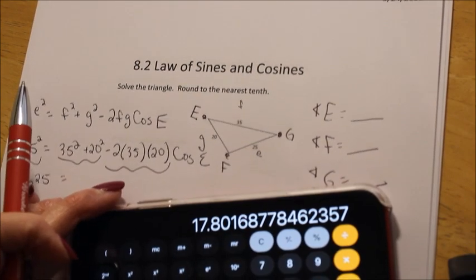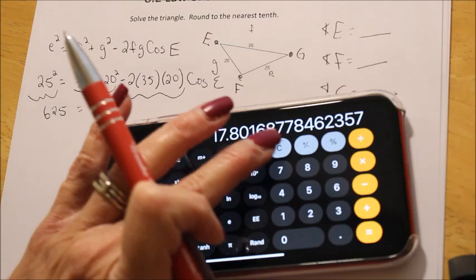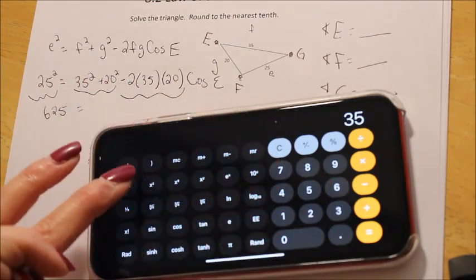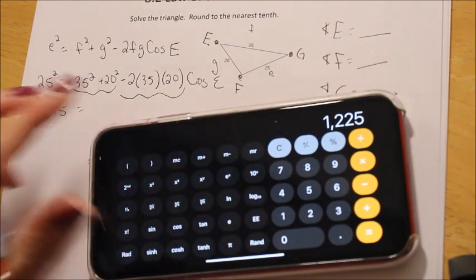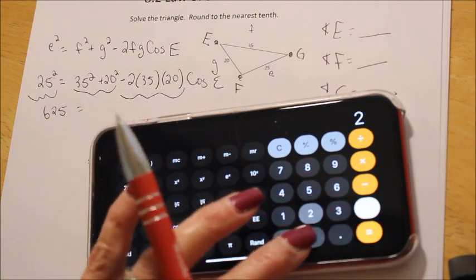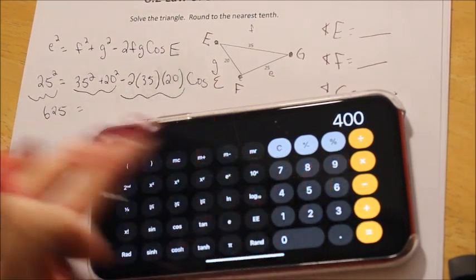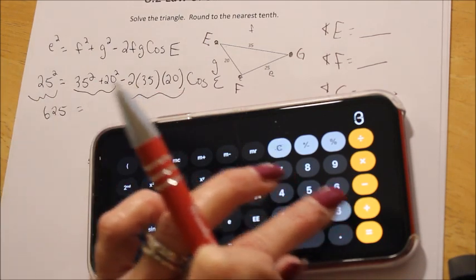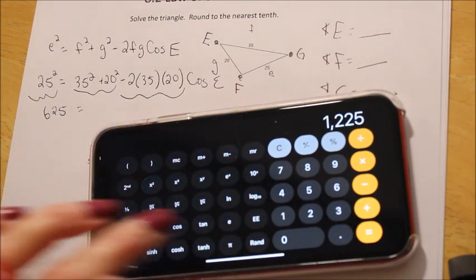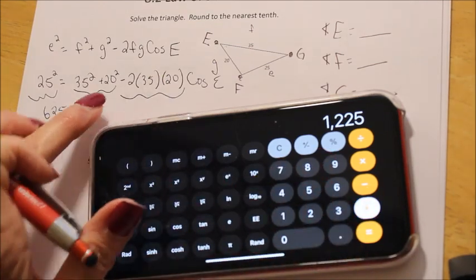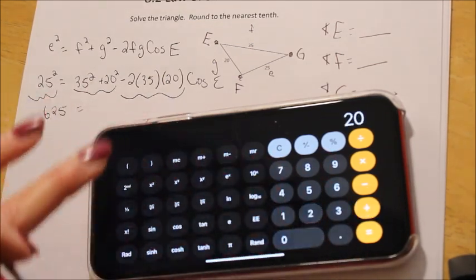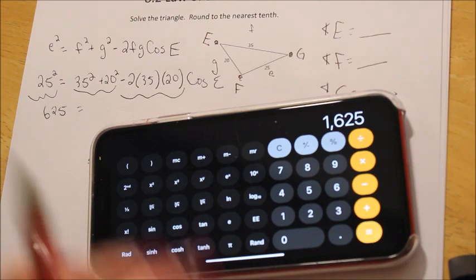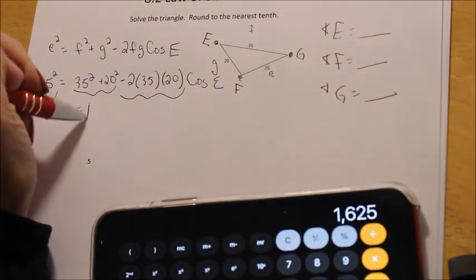All right, so let's calculate that. 35 squared plus 20 squared. Oops, did I hit something? Let me go back. 35 squared plus 20 squared. I didn't hit equals. Equals 1625.